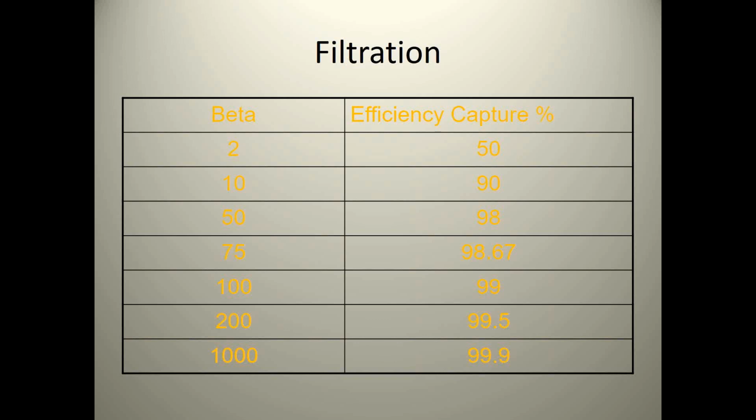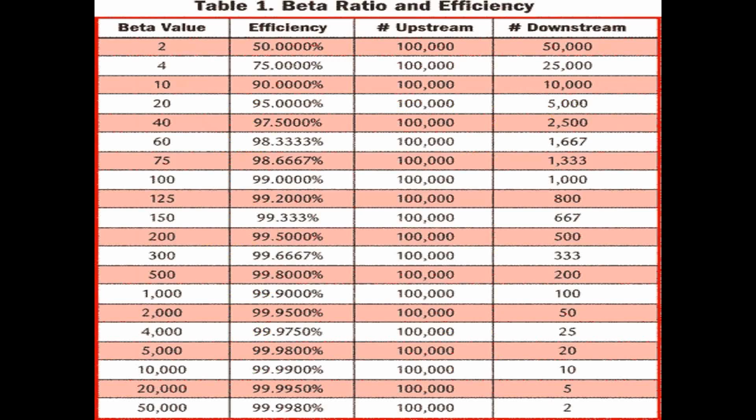Some of the best oil filters on the market, your Fram Tough Guard and your Mobil 1, have efficiency ratings on the box of 96 and 97, which puts them around this beta 50 rating. But the filters we put on our equipment here at the company are beta rated 1,000, so they're 99.9% efficient. Look at this efficiency chart here. You can see at the 1,000 beta line, they're 99.9.